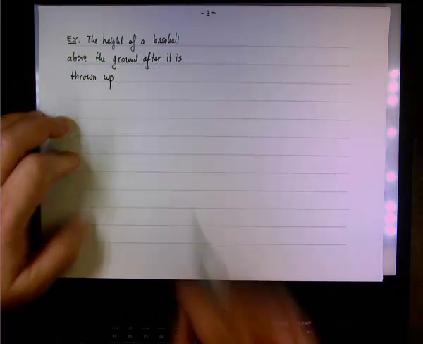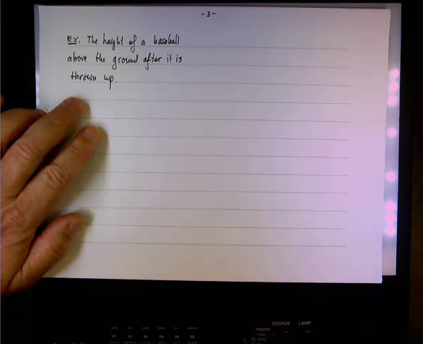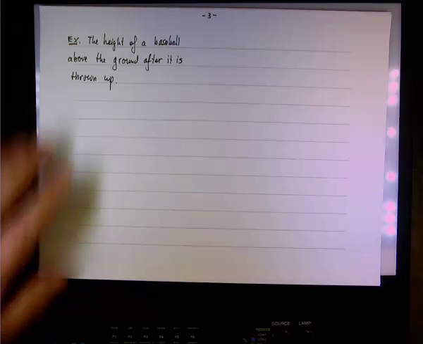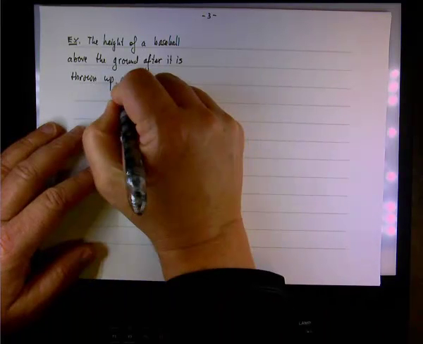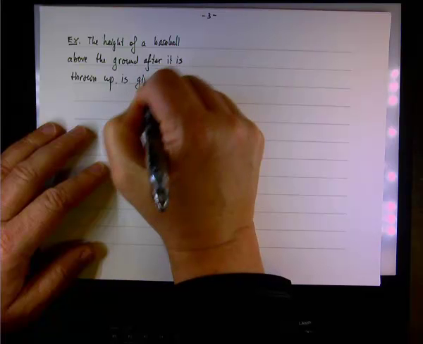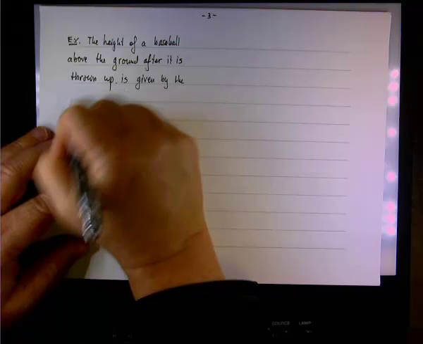I know that perhaps grammatically it's correct, but after thrown up, that sounds nasty, kind of, isn't it? Is given by the following table.